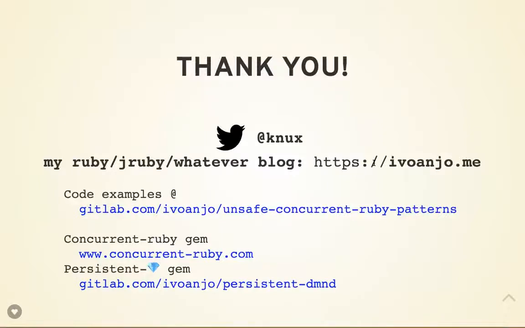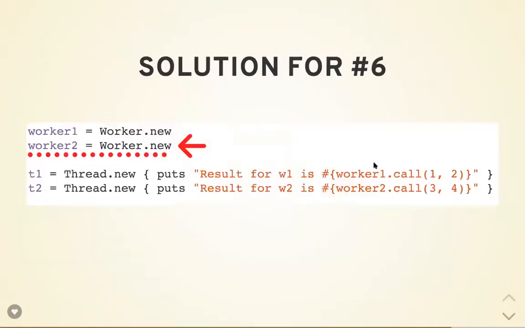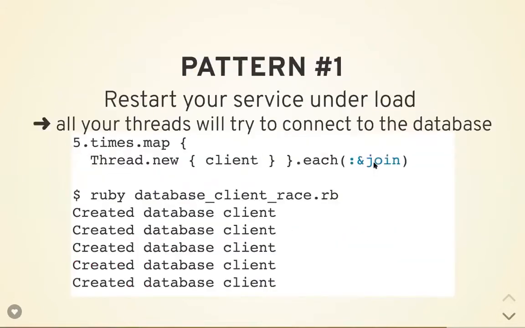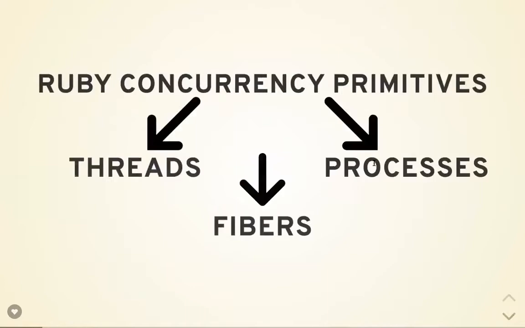Yes-ish. Actually, you can do that with Ruby. When I was talking about the possibilities for doing concurrency in Ruby, I was saying threads, processes. The one that you're describing is called fibers.